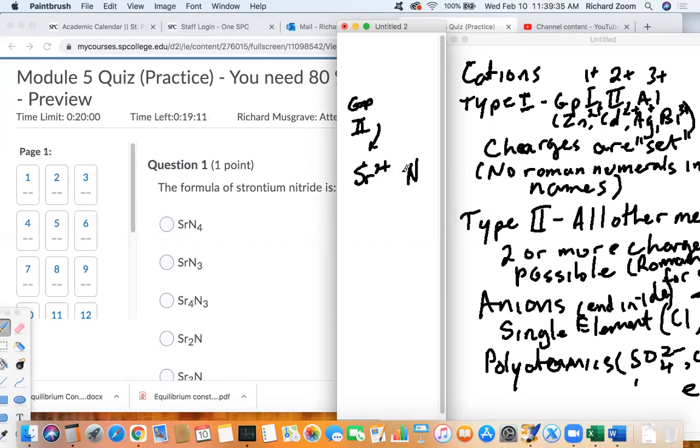Nitrogen is 3- because it's in group 5. So we need to figure out how many of each we would need to make this balance out. It's not going to be one each. 2+ and 3- don't balance out. If we multiply them together, though, we get 6. So we need 3 to get to 6+, 3 Sr's, and then 2 N's will get us to 6-. Any questions?